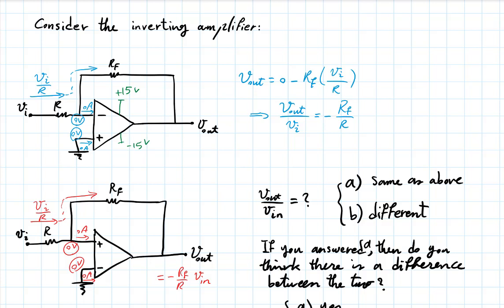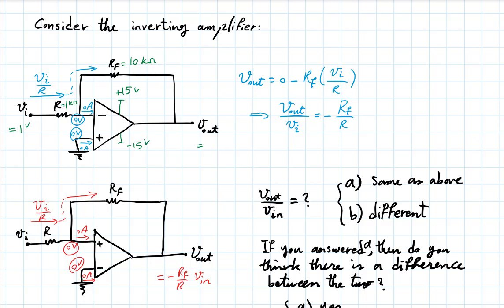And the ratio of these resistances, assume, is 10. So this is 1 kilo ohm, and this is 10 kilo ohm. And I give it an input VI of 1 volt above ground.